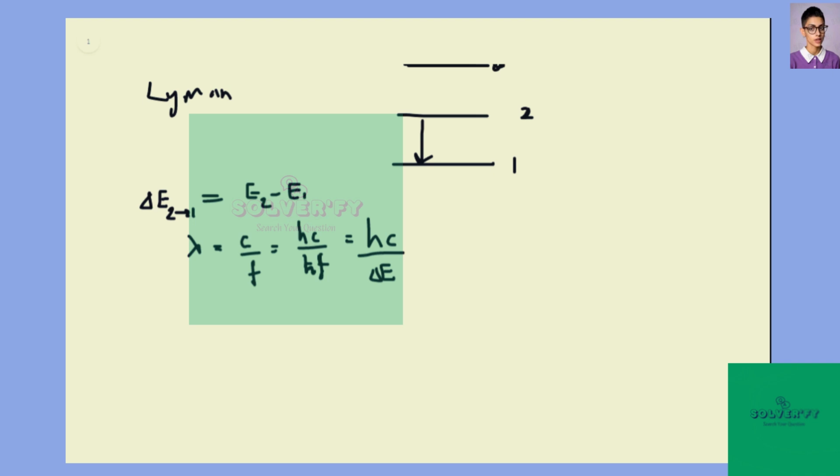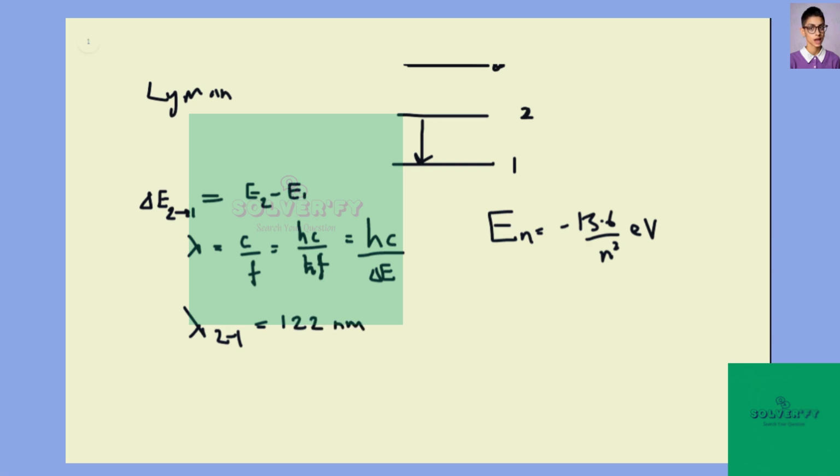Substituting all the values, we can say that En is equal to minus 13.6 over n squared eV. According to this, the lambda value that we get for 2,1 is 122 nanometers.